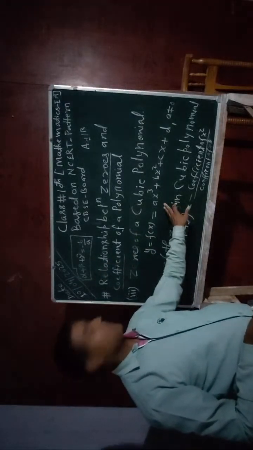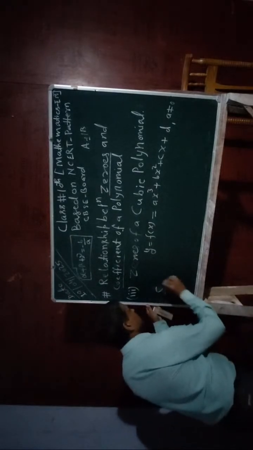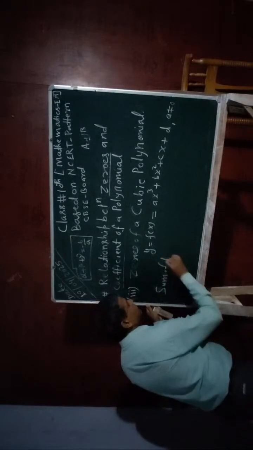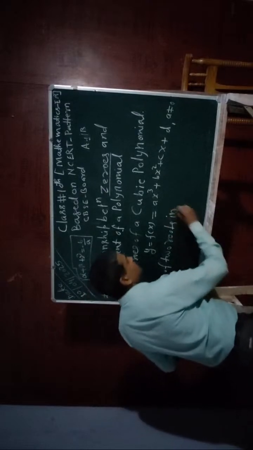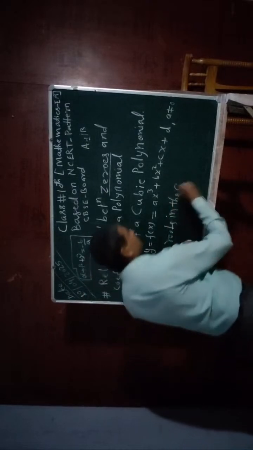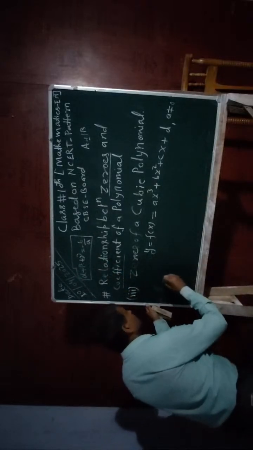The next formula I am also going to describe is the sum of the product of two roots in a cubic polynomial.